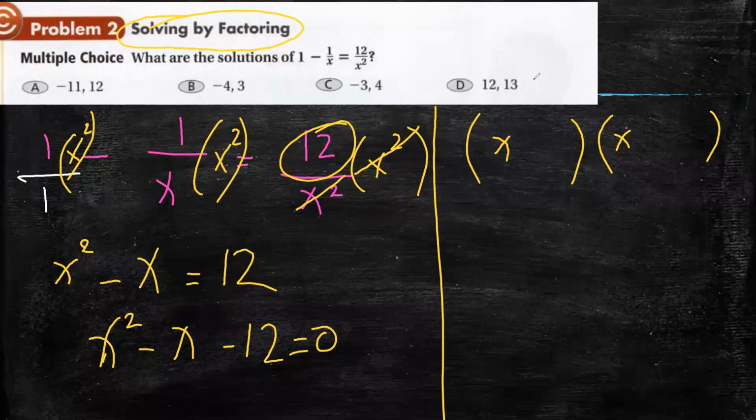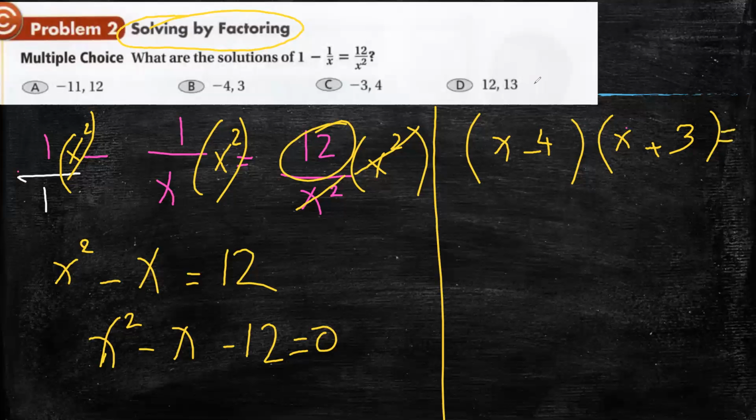You multiply them, you get negative 12. You add them, you get negative 1. Negative 4 plus 3. And you add them, you get negative 1. And if you multiply them, you get negative 12. Is it right? Yes, teacher.